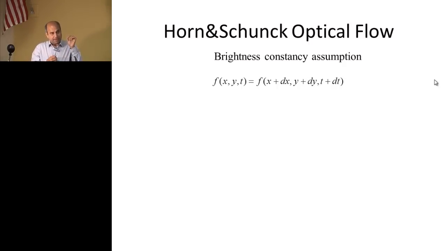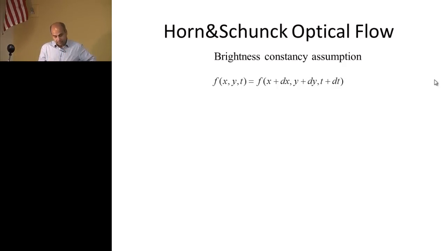Therefore, if I take a pixel at x, y in frame 1, which was taken at time t, and I look at a pixel close to this x, y in the next frame, taken at t plus dt, which means I make a small change in x, say dx, and a small change in y, which is dy, then the intensity at x, y in the first frame and the intensity at x plus delta x, y plus delta y will be very similar, because there won't be much change, as I'm taking quick frames.